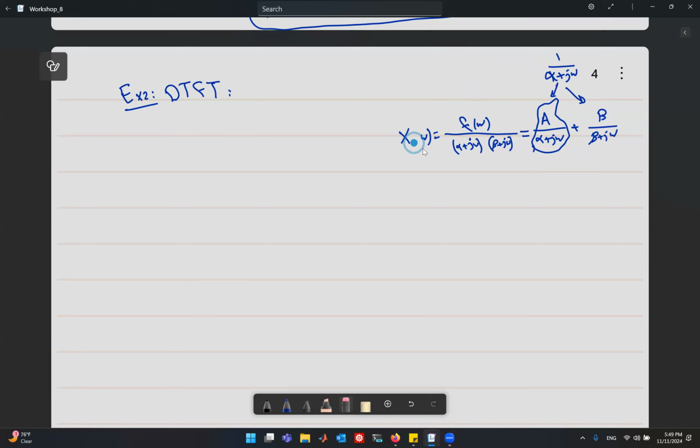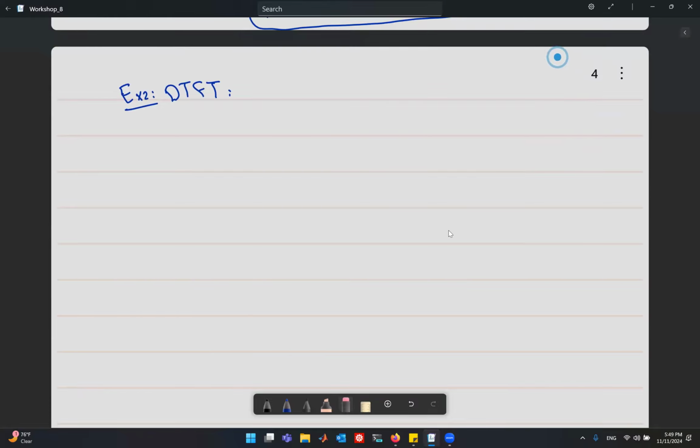For the discrete time Fourier transform, we also have an equally important signal that we need to know, along with its Fourier transform, which is x[n] equals some constant to the power of n, u[n].